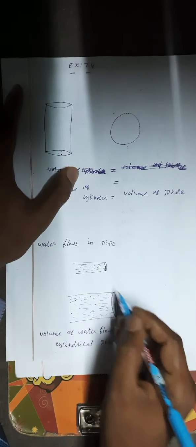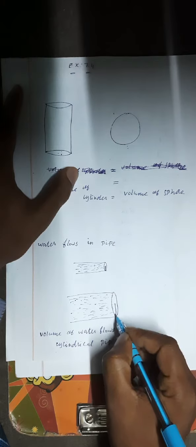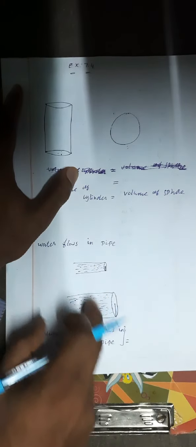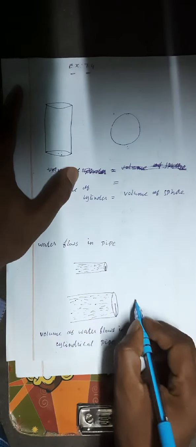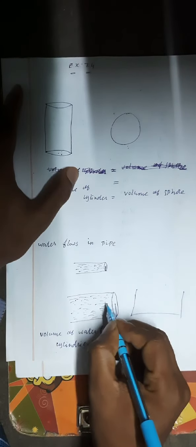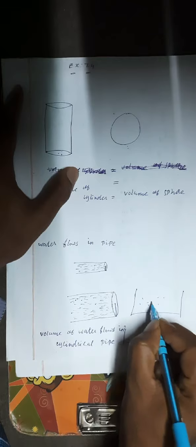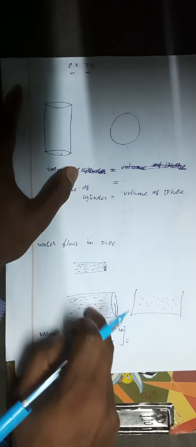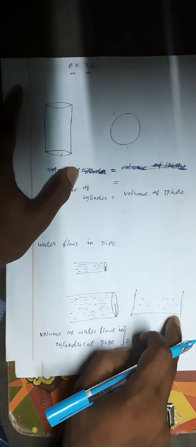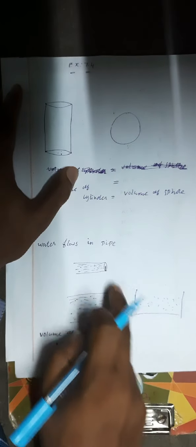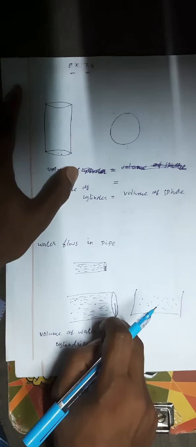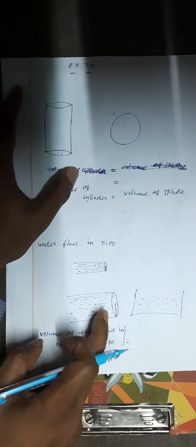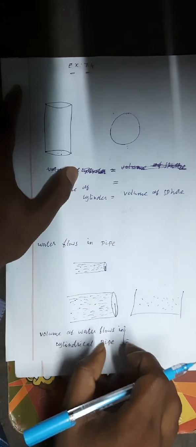The size is also different. The water flows and fills the tank, and both pipes take different times. The small pipe will take more time, but the big pipe will take less time.